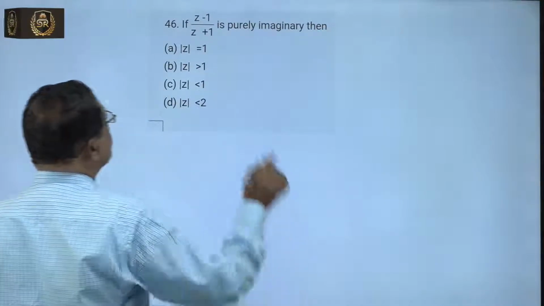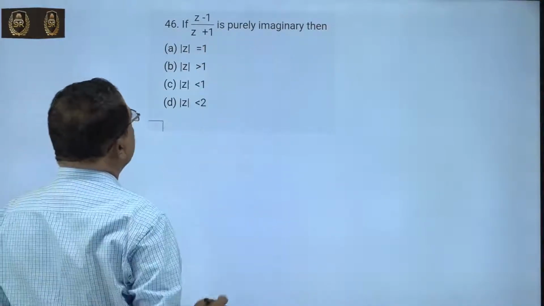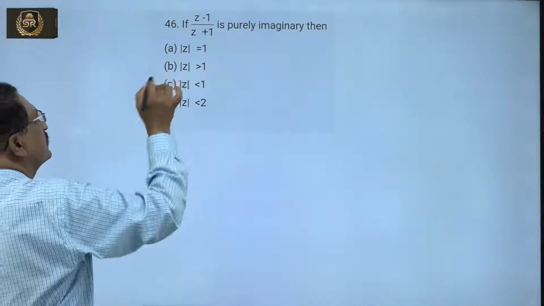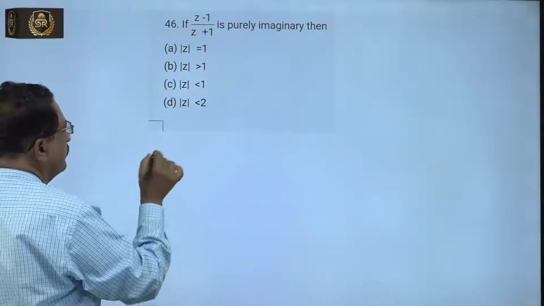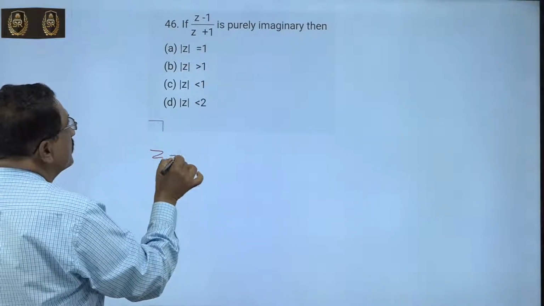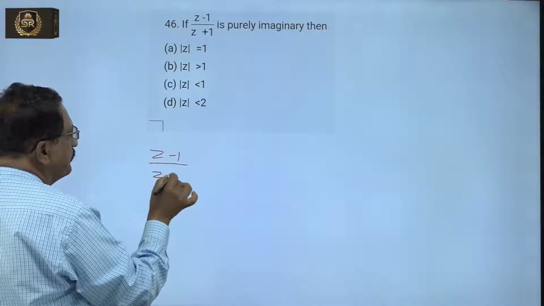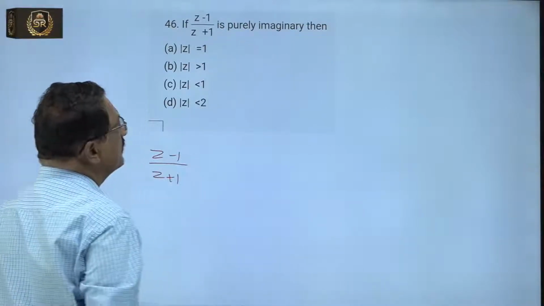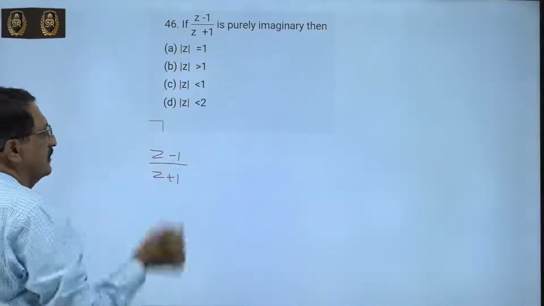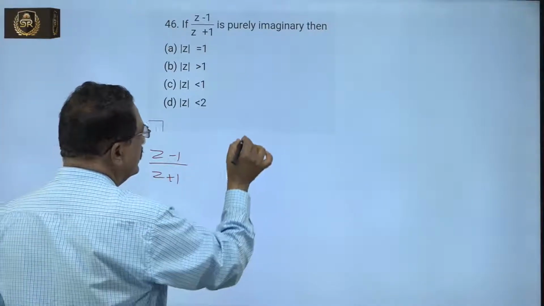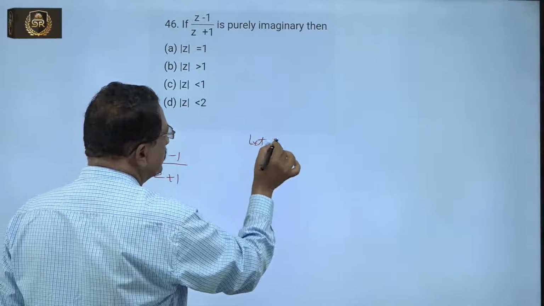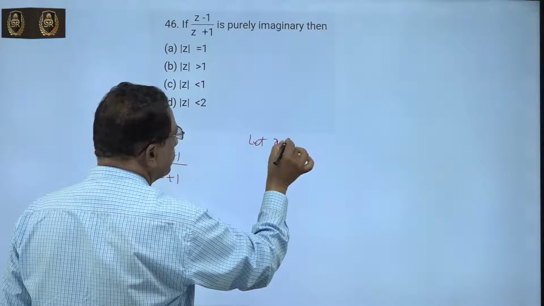Next, if (z minus 1) by (z plus 1) is purely imaginary, then mod z equals 1, and so on. Z minus 1 by z plus 1 is purely imaginary, then we must check the given options. First, let z equal a complex number z equals x plus iy.